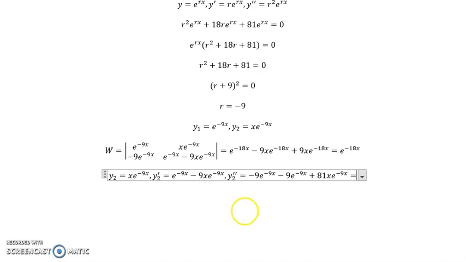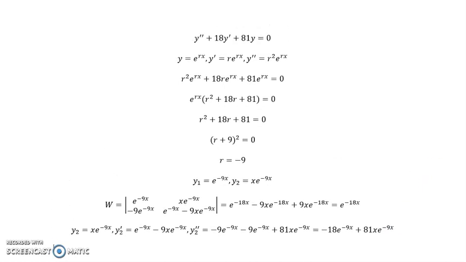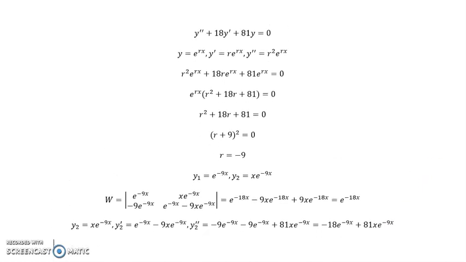And of course, we can see that these two things add together to be negative 18 e to the negative 9x plus 81 x e to the negative 9x. Okay, and so we plug these into our original differential equation.